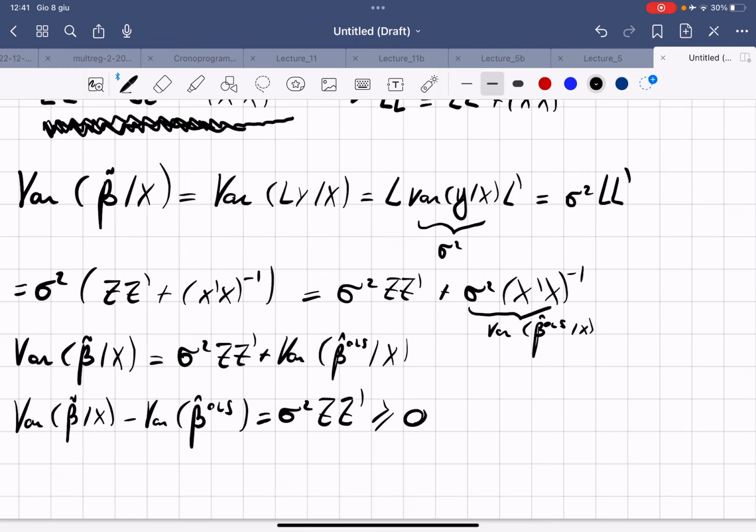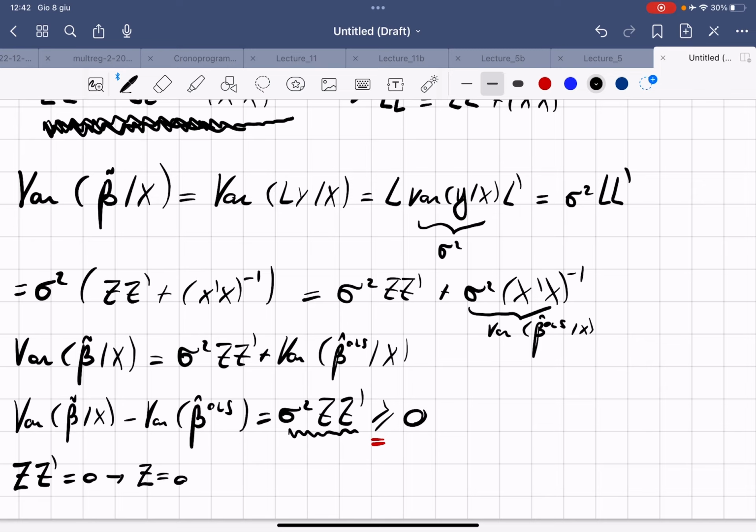So we need to state the case when this is equal to 0. To have this equal to 0, we need Z transpose to be equal to 0, and this implies that Z must be equal to 0.